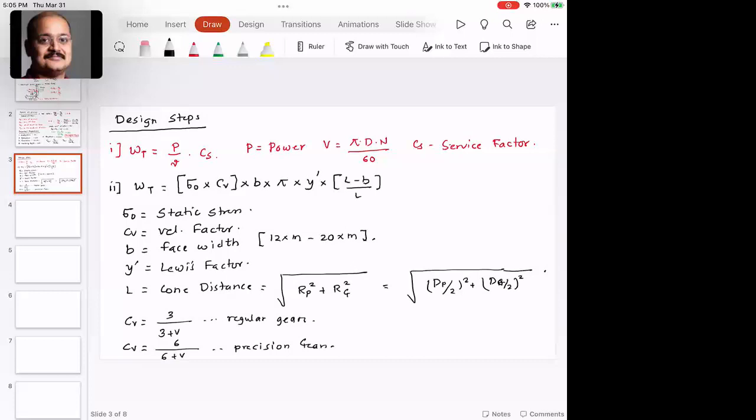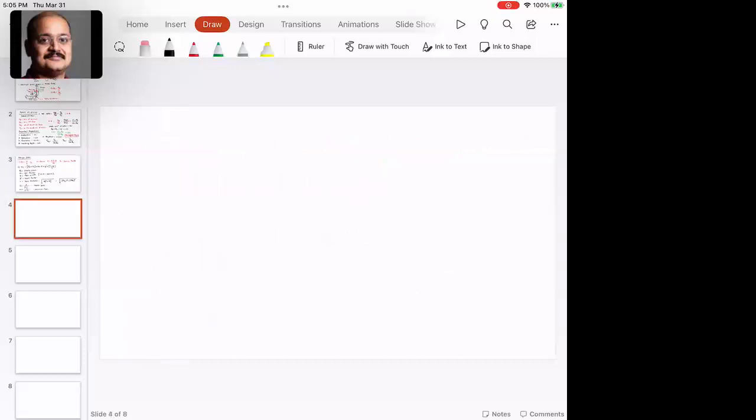Okay, next step is a determination of dynamic load. So dynamic load is given as WD.